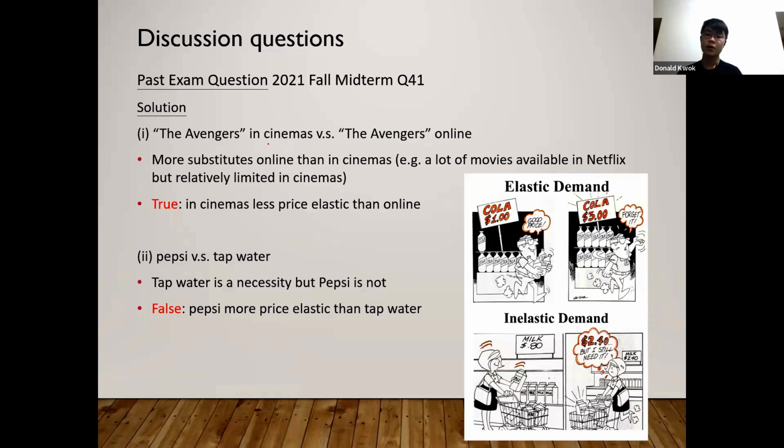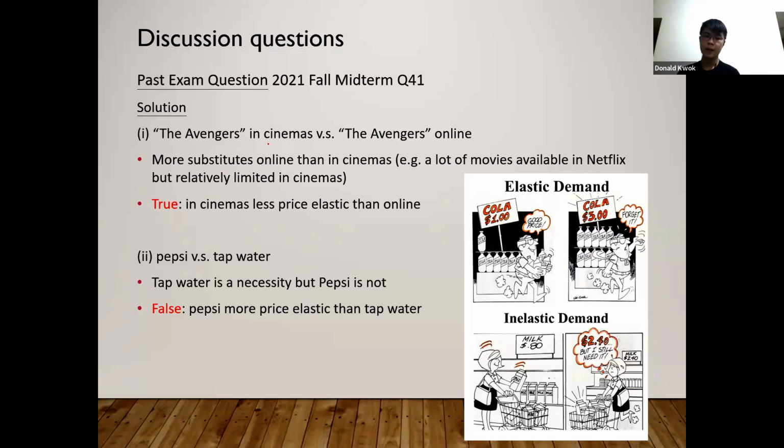But for movies online, it will have more substitutes, right? You just go to Netflix and you can search for movies from many years ago, right? So this shows the movies in cinema will have fewer substitutes than movies online. So the demand for movies in cinema will be less price elastic than the demand for movies online.